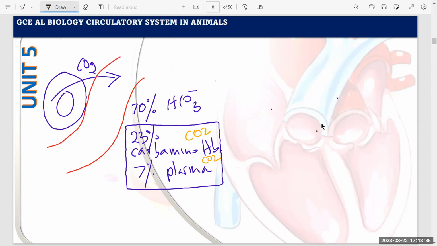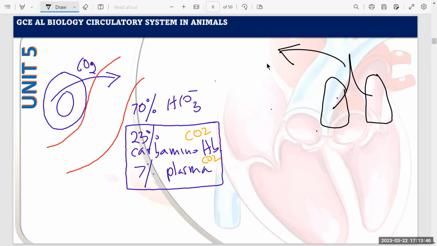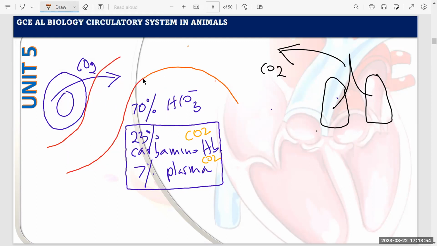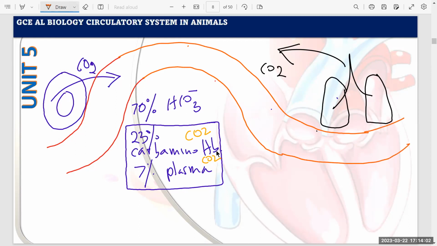Because we have learned in the past, in the lungs, we remove carbon dioxide out. Now, we can understand if this blood circulates to the lungs, then this 30%, that means 23 plus 7 is 30%, they are in the form of carbon dioxide.